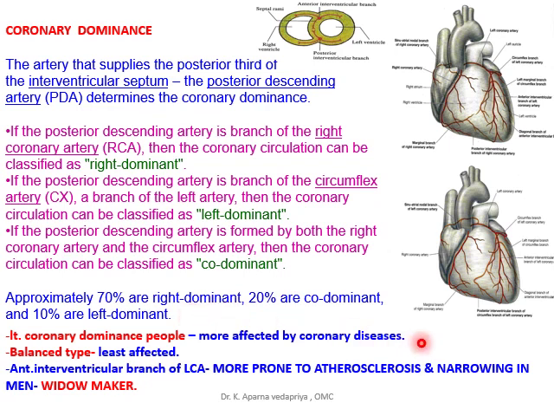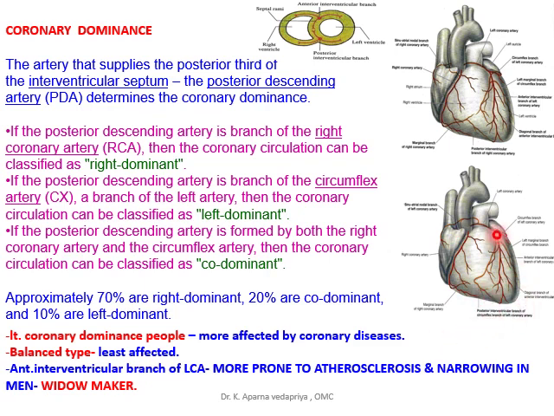These left dominant people are more affected by coronary diseases because, as we said, the left coronary artery supplies most of the myocardium of the heart. And the balanced type of people are least affected because they share almost equal volumes of the myocardium for their supply.